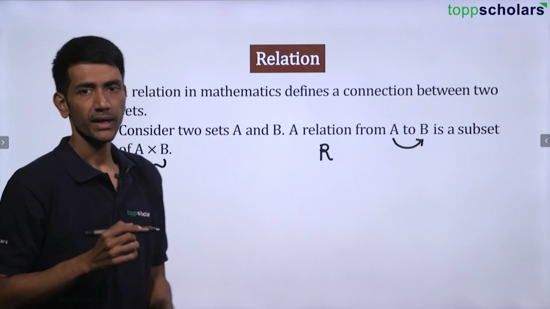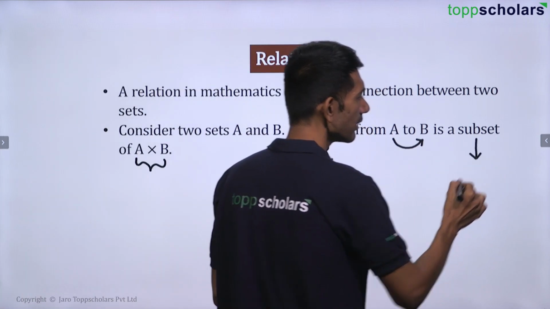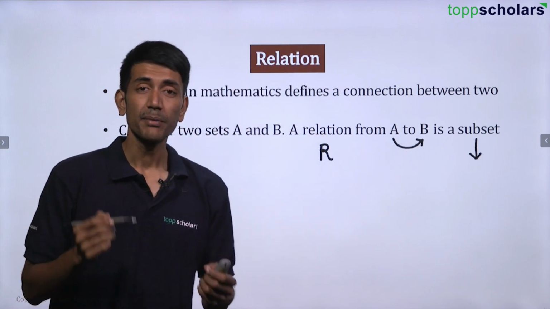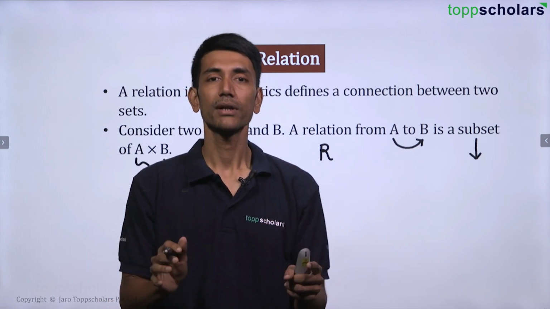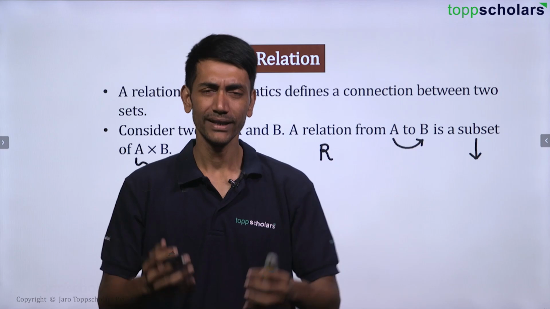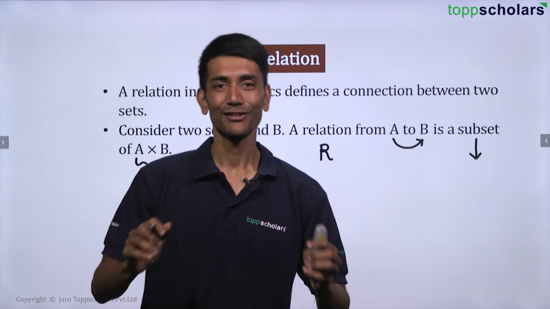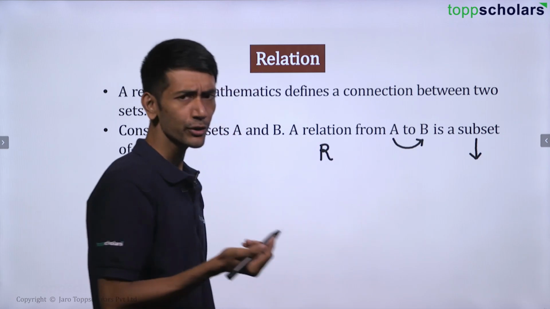A cross B. I hope you remember what is the meaning of subset. So firstly, make sure that your concepts for the chapter of sets are also clear. You must have already studied about sets in your 11th grade as well. And I'm assuming that you know the basics of sets. Okay, so a subset. I'm sure you know what is a subset.